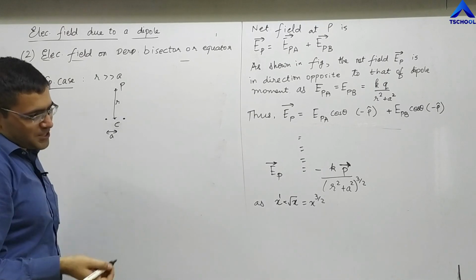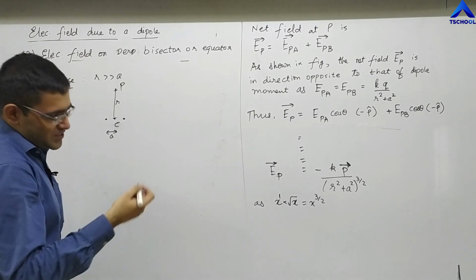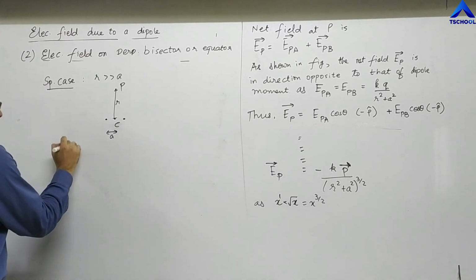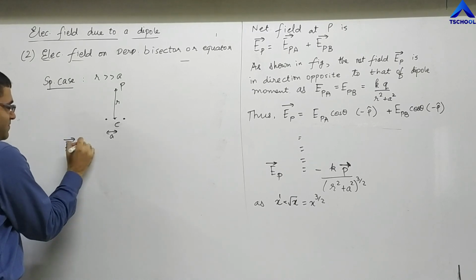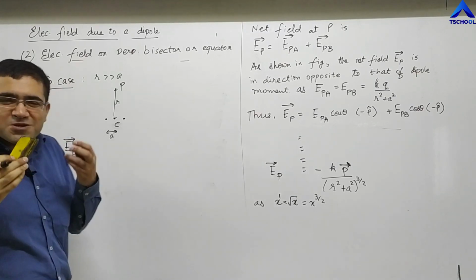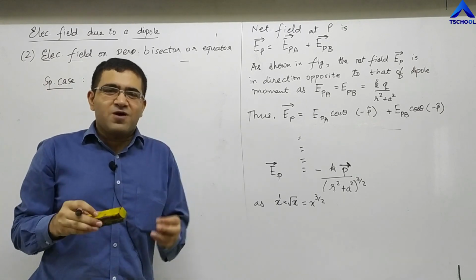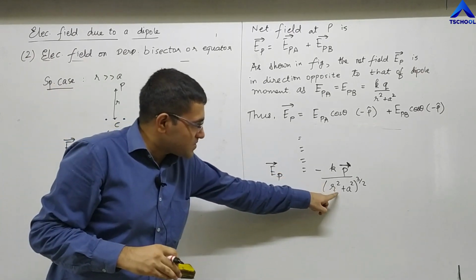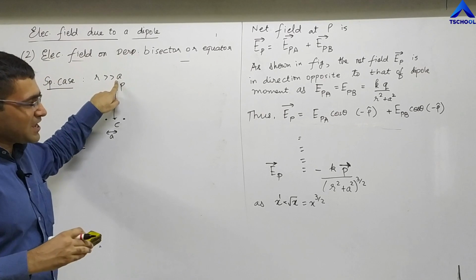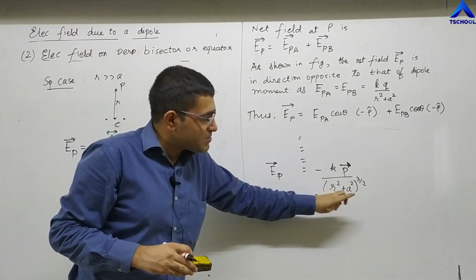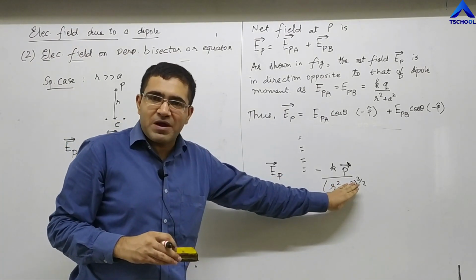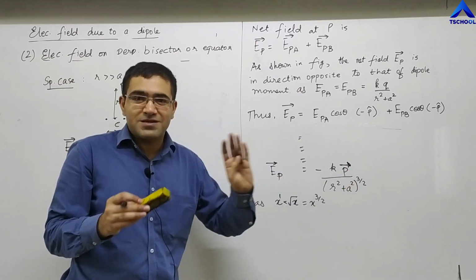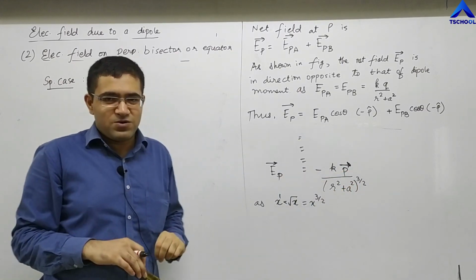And without explanation, once again, I'm going to write the final answer because I trust you to figure it out yourselves. You just have to use this word. If r is much greater than a, then instead of writing r square plus a square, you neglect a square, right? And the rest is mathematics. I will leave that.